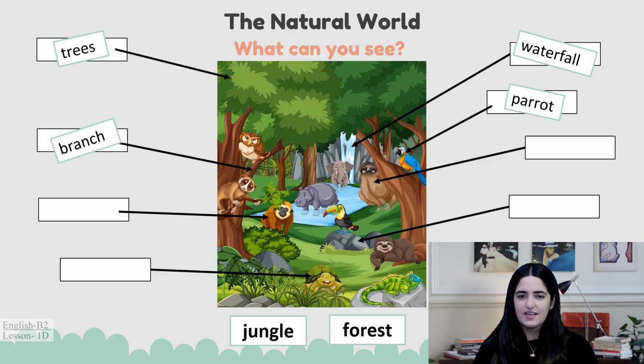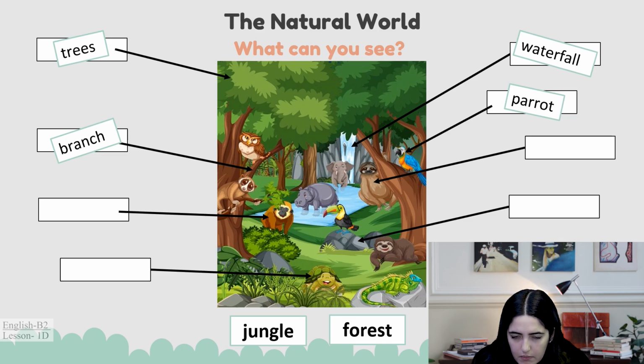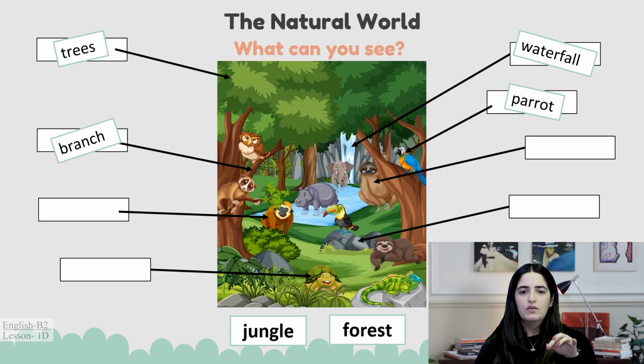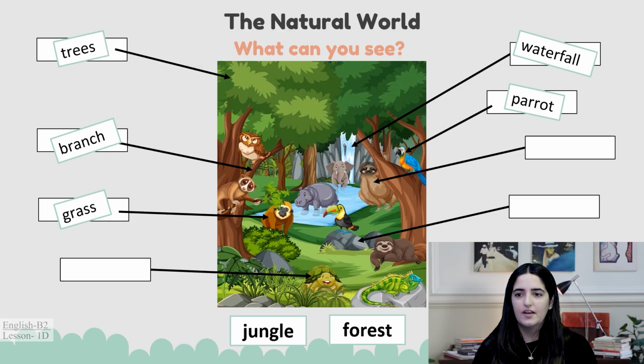Okay, next, underneath the branch, what animal is that? Oh, actually, sorry, not an animal, I don't think. We're looking for what's all of that green stuff. Pause and answer. It is grass, lots and lots and lots of grass.